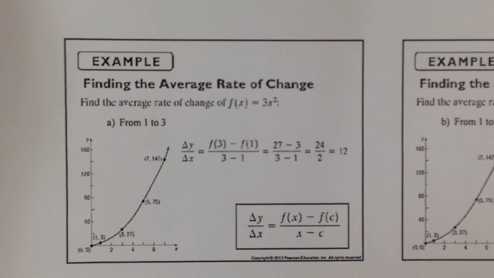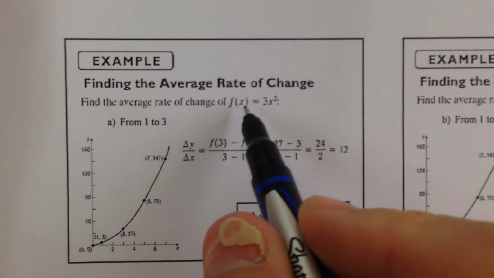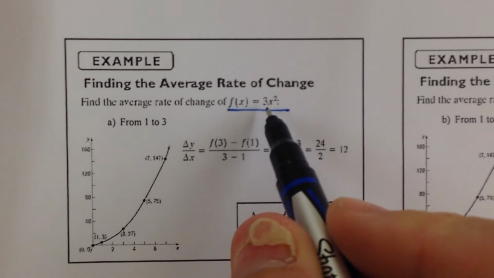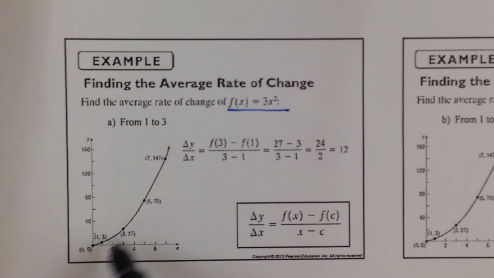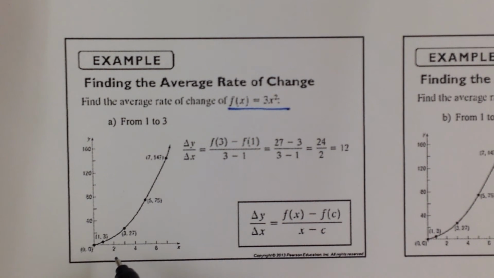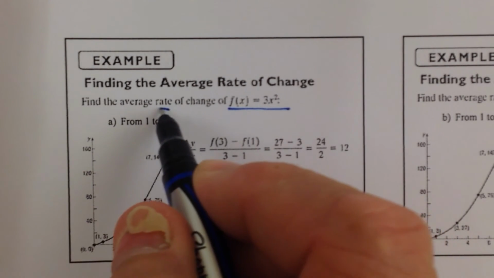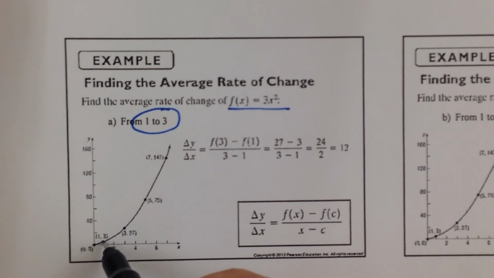Okay. So here's an example. Find the average rate of change of the function f of x equals 3x squared. Here's part of the graph of 3x squared. We know that it's a parabola, so all we're looking at is the part of the graph in the first quadrant. In the first quadrant, we want to know from x equals 1 to x equals 3. It's hard to see these numbers, I'm sorry.